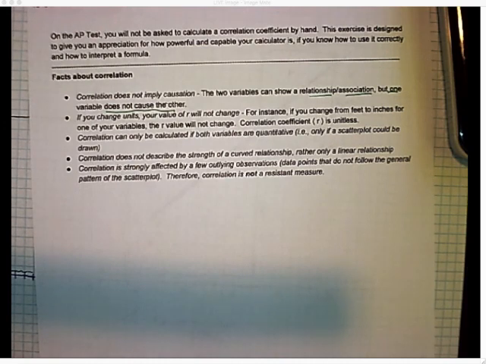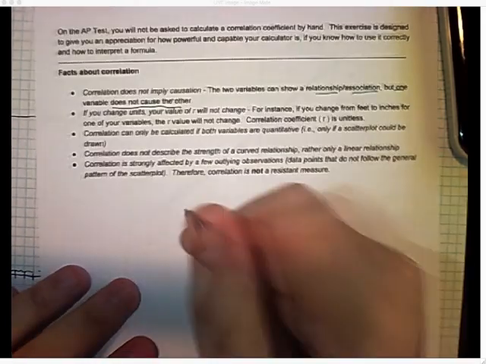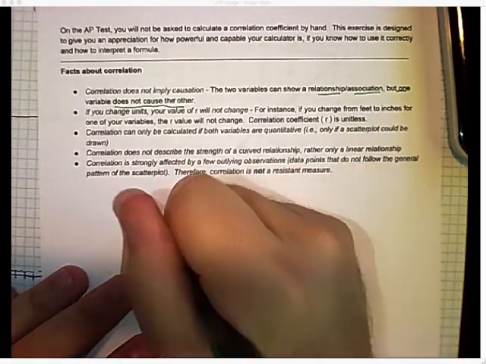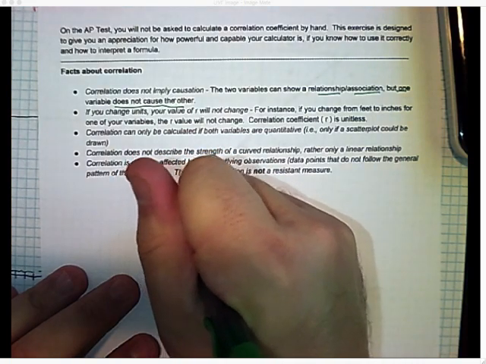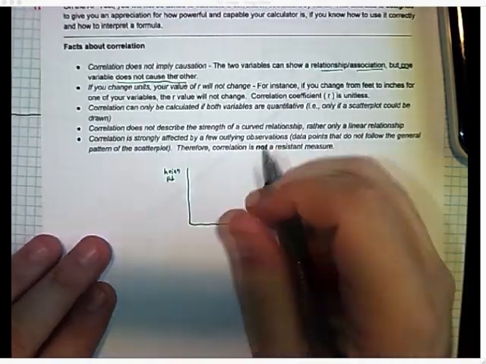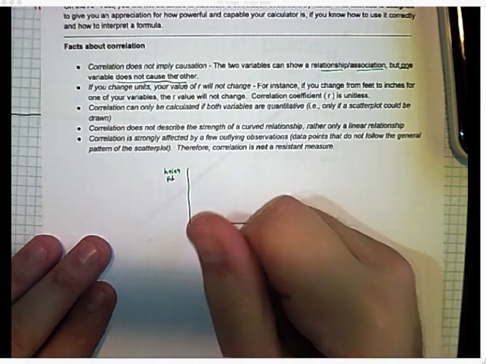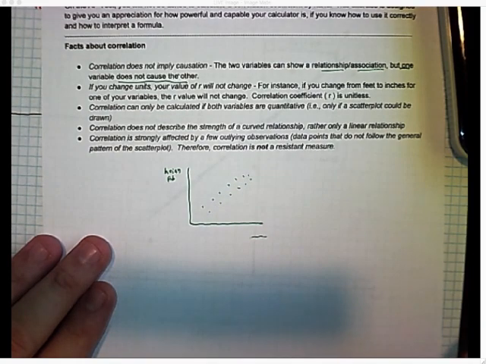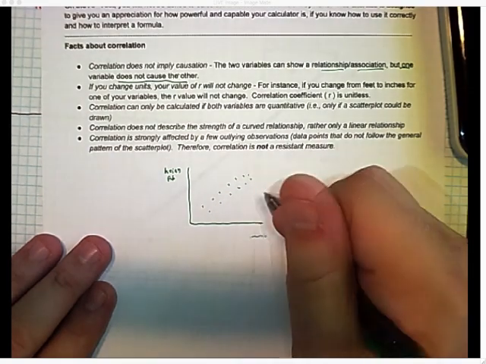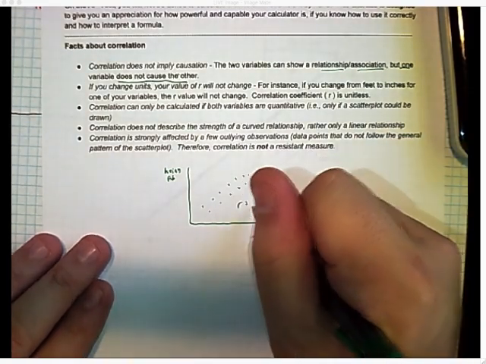All right, second point, if you change your units, your R value will not change. Like if you have the height of someone in feet and you measure some other variable and you have a certain scatter plot, let's say you get an R of 0.8.